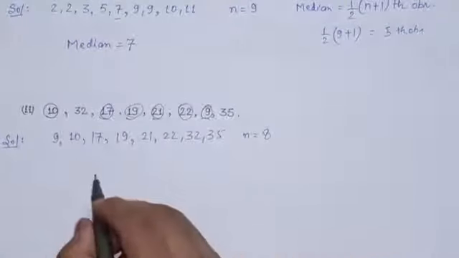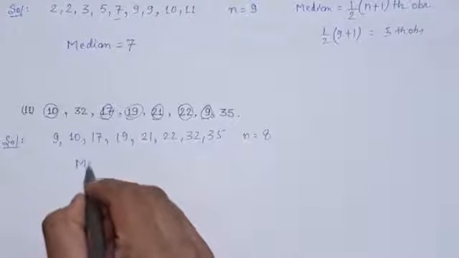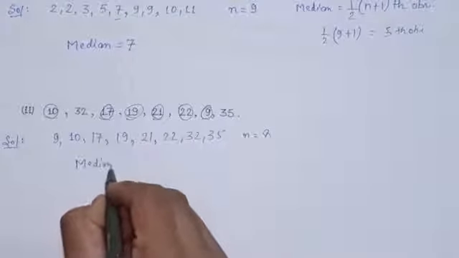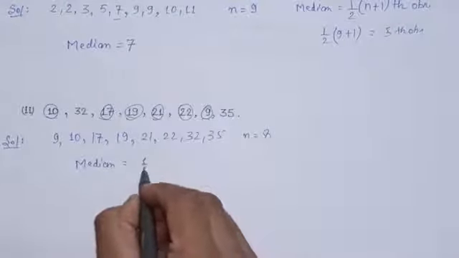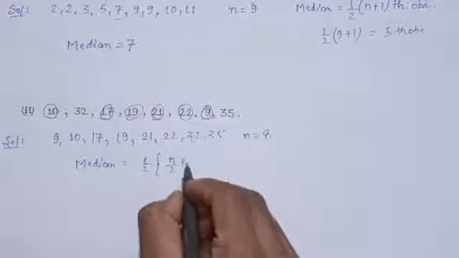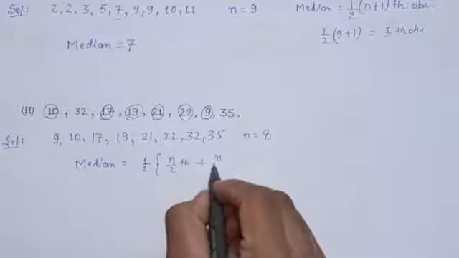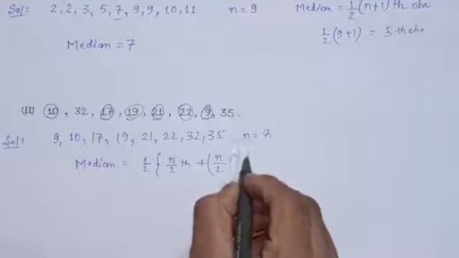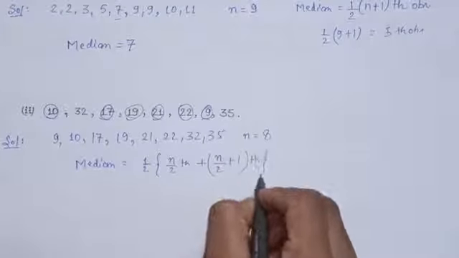So the median can be calculated by the formula: half of the value of the n by 2th observation plus the value of the n by 2 plus 1th observation.